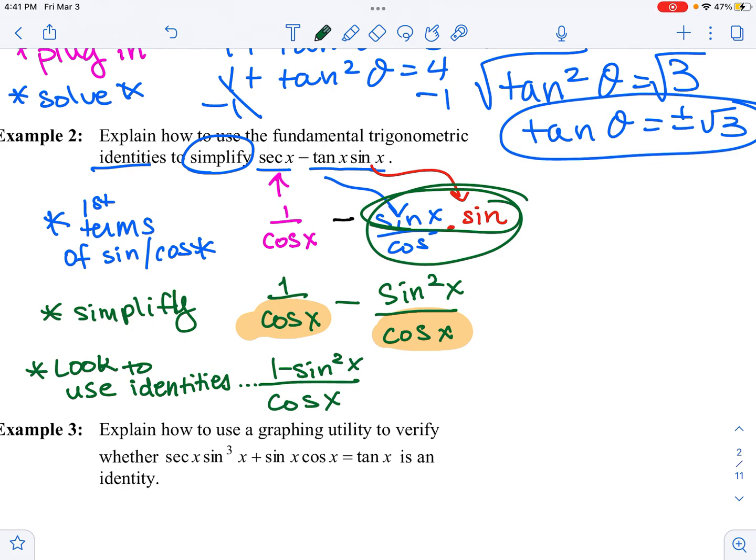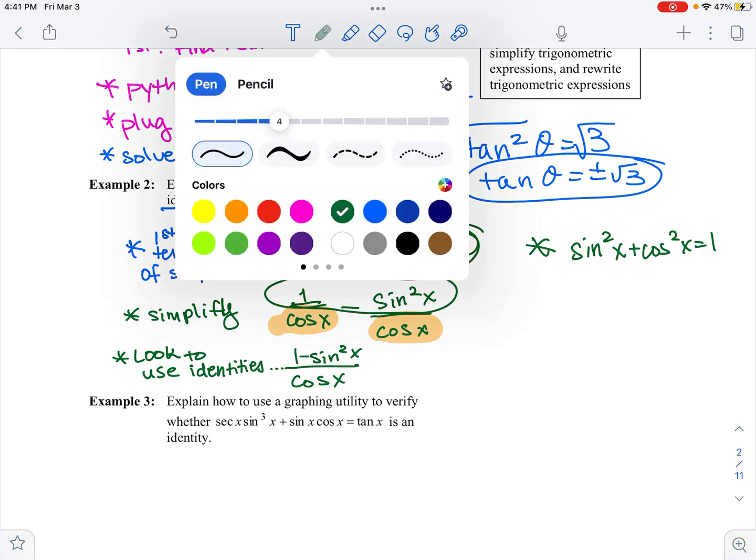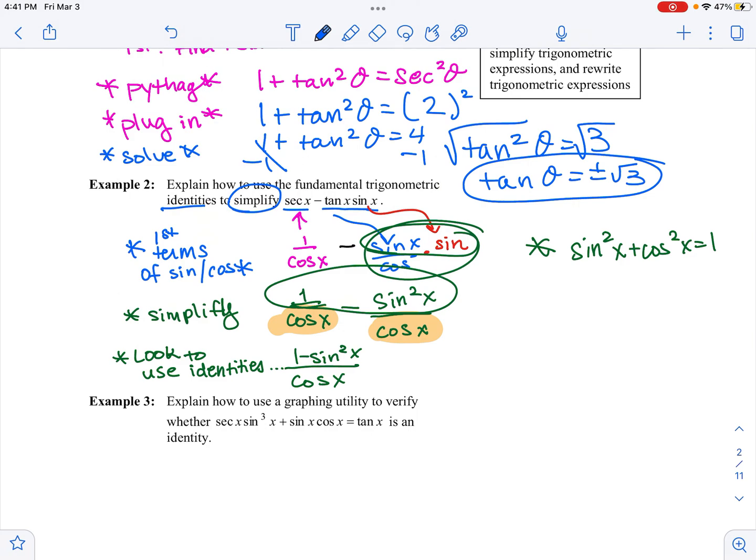So an identity that I do have is one of my Pythagorean identities, which is our main one that we learned today, sine squared x plus cosine squared x equals 1. Well, I have 1 minus. So let's see if I can work this in a way that I can use it. If I want to get sine squared to the other side, I can subtract sine squared x from both sides.